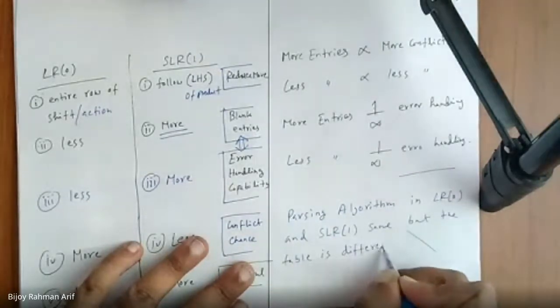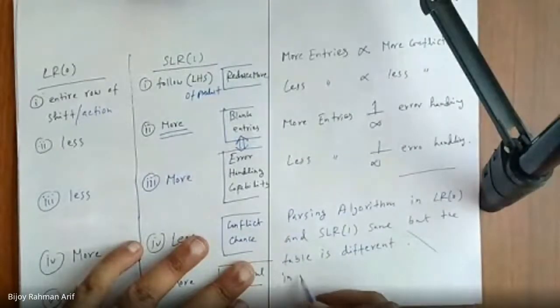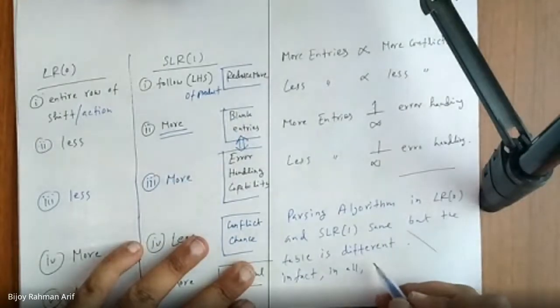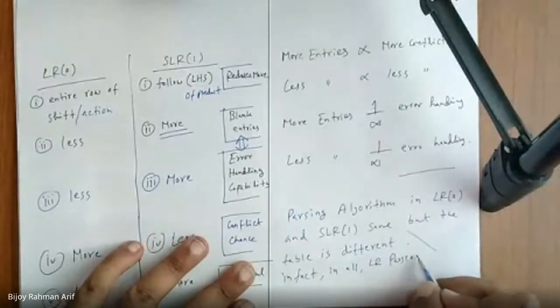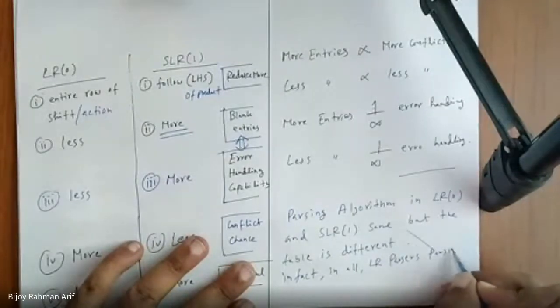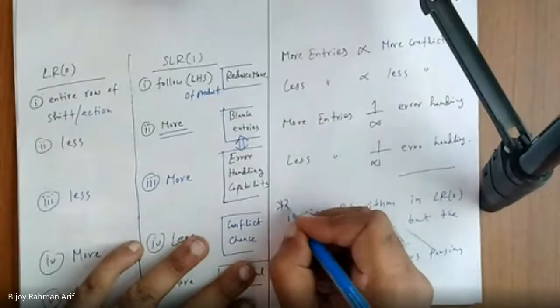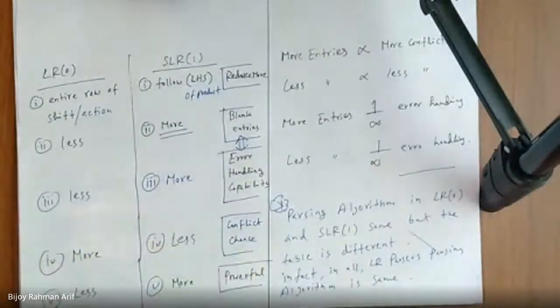In fact, in all LR parsers, the parsing algorithm is the same. And what is the parsing algorithm? Can you tell me the parsing algorithm?